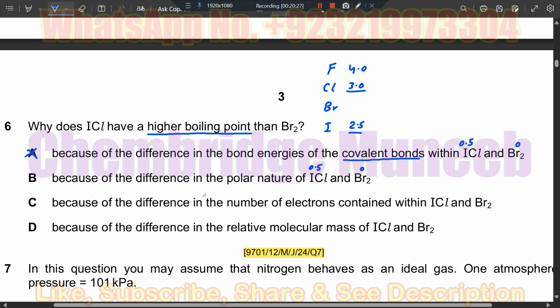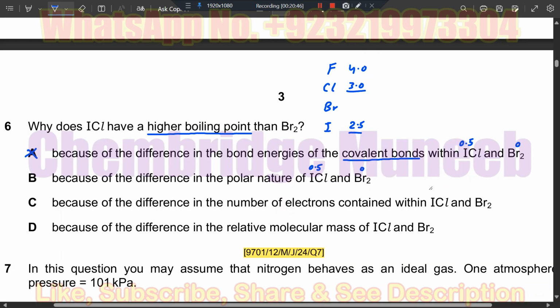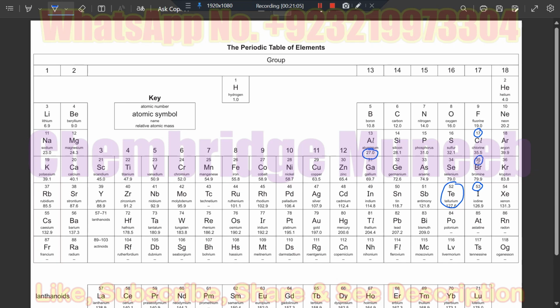The C option says that there is a difference in electrons contained within ICl and Br2. Okay, if we check the atomic number, iodine's atomic number is 53 and chlorine's atomic number is 17. So I will write 53 for iodine and 17 for chlorine, so its value will be 70, whereas bromine's atomic number is 35.